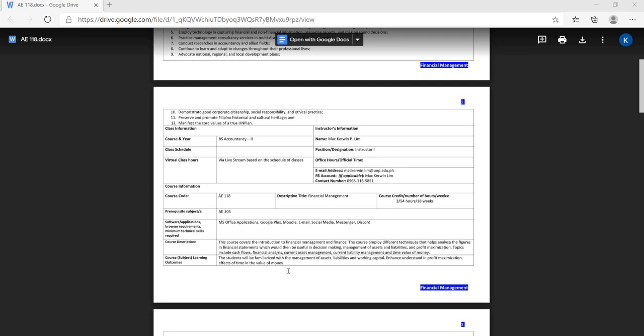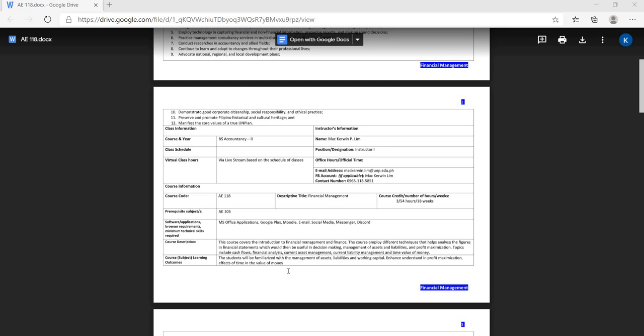So, what is financial management? As was discussed last semester or last year, the definition of accounting is that it is a service activity. Its function is to provide quantitative information, primarily financial in nature, about economic activities that is intended to be useful in making economic decisions.